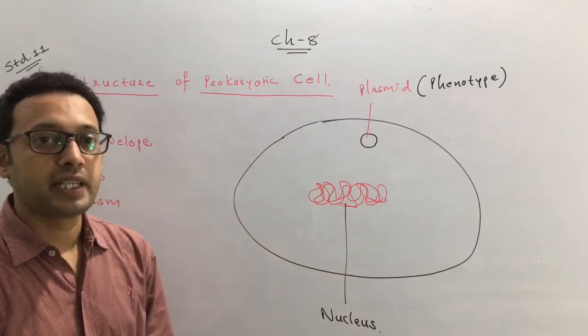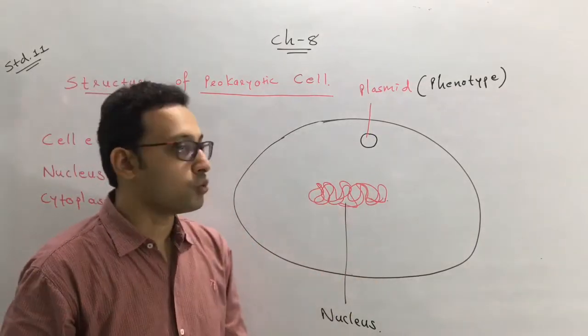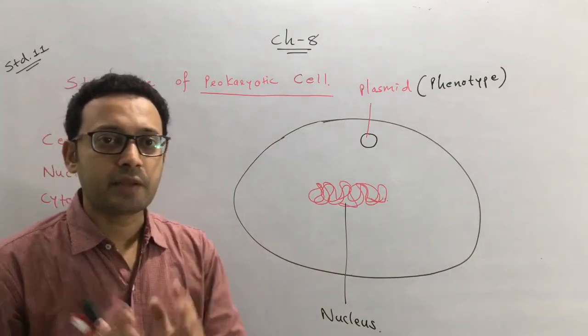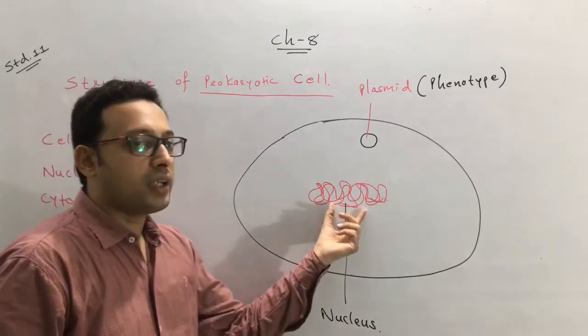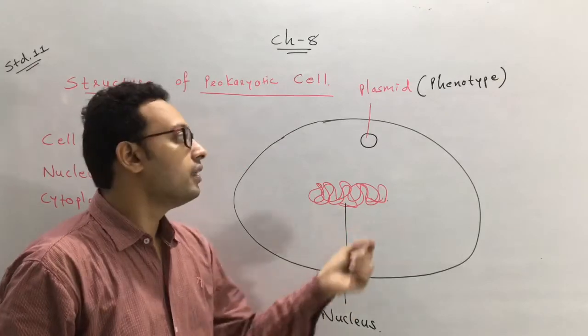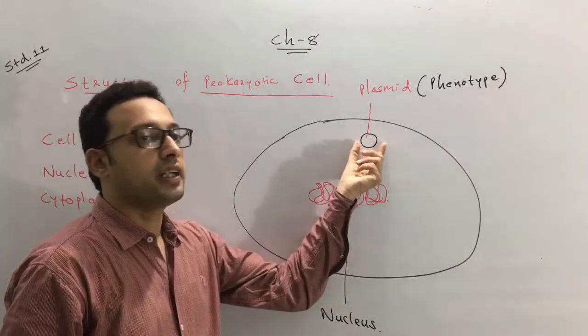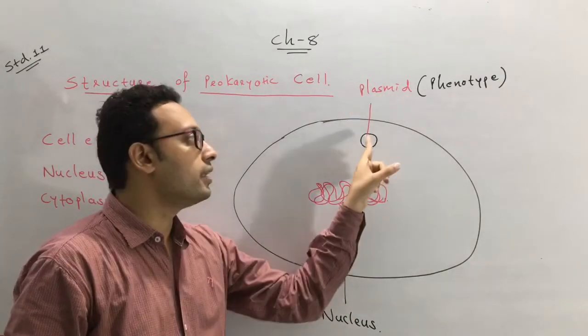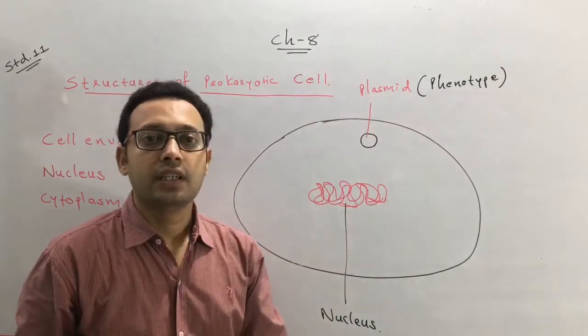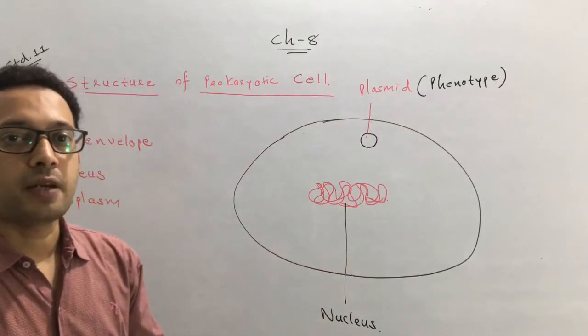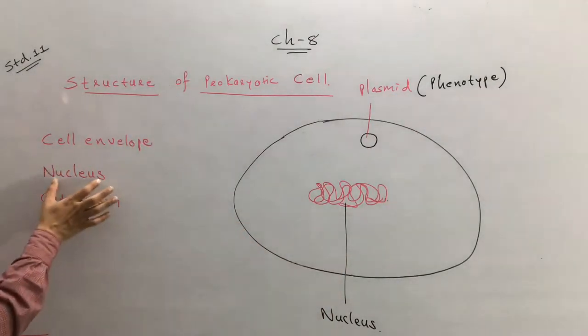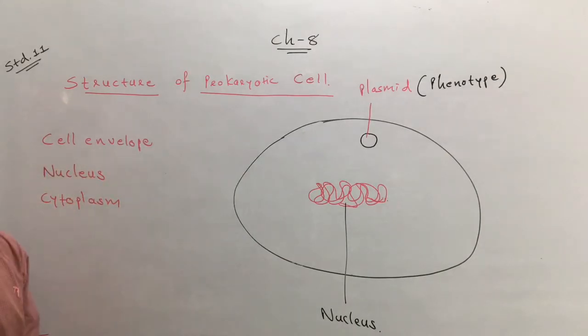And that is one of the biggest problems of the 21st century. So the ultimate point is that the nucleus contains genomic DNA, and outside the genomic DNA it contains a small circular DNA called a plasmid, which is responsible for phenotypic characteristics. So this is the second component, what we call the nucleus.